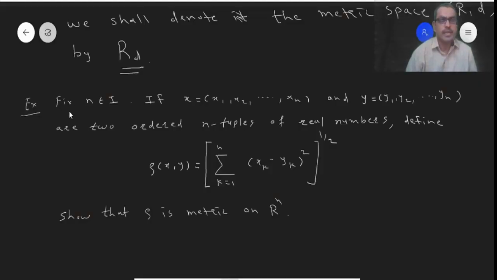In this example, for fixed n belonging to the natural numbers, if x equals (x1, x2, up to xn) and y equals (y1, y2, up to yn) are two ordered n-tuples of real numbers, define rho of x, y as the summation of (xk minus yk) squared, raised to the power half, with k from 1 to n. Then show that rho is a metric on R raised to n.